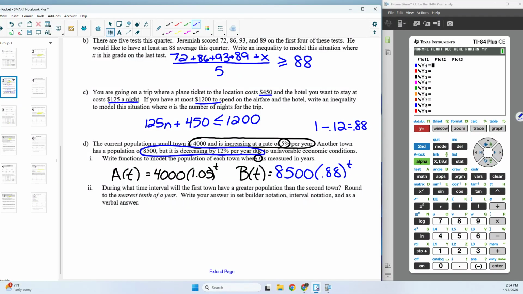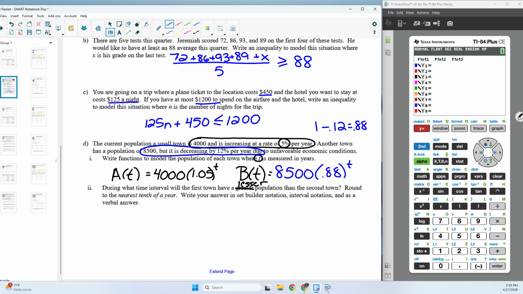Next it says, during what time interval will the first town have a greater population than the second town? So I'm going to set this up, and I actually want to say here, lesser population. Okay, so I want to change that to lesser.